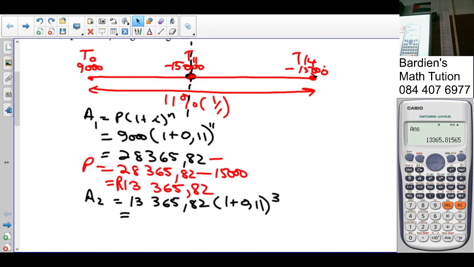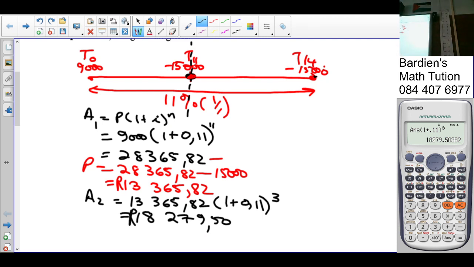So that's your 13,365 rand that was calculated, the last answer calculated, when you press answer into 1 plus 0,11 to the exponent 3. Your answer is 18,279 rand and 50 cents.